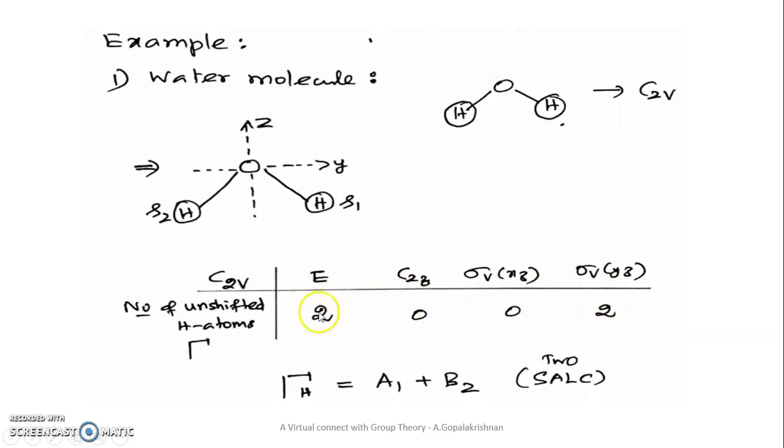Now if you reduce this using the reduction formula, you will get the representation for the hydrogen atoms or s orbitals, right? So if you reduce, you will get the answer as A1 plus B2. Listen, A1 is one dimension, B2 is also one dimension, so you will get 2 SALCs.